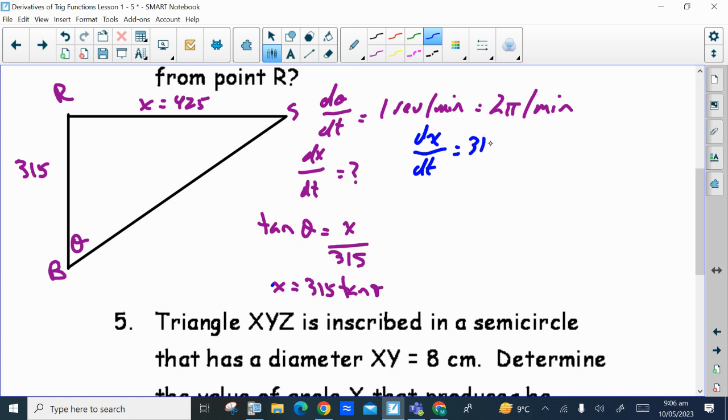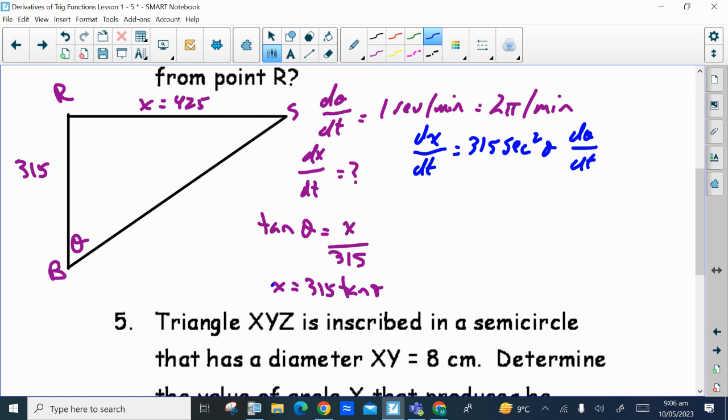So that'll be 315 sec squared theta d theta by dt. So dx by dt is what we're trying to find. We're given d theta by dt. We need to figure out what the secant of theta is, which secant is the reciprocal of cosine.